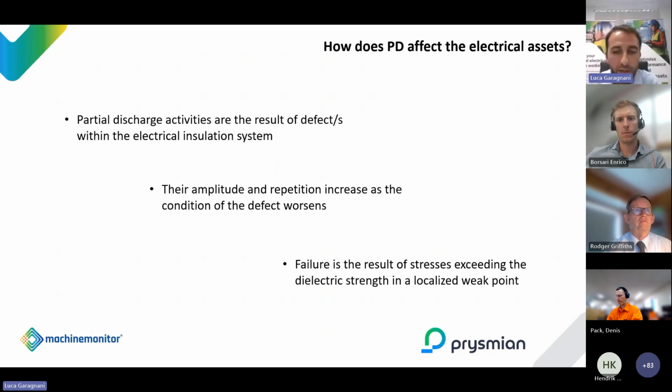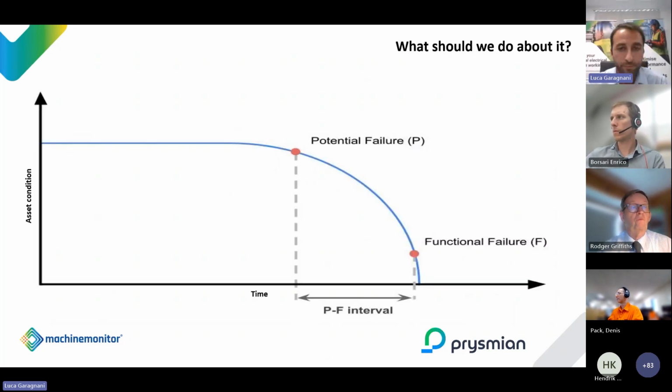So this is very important because most of the time we have been asked, okay, this is the discharge, how long is my asset going to last? Unfortunately, we don't know. It's unpredictable, and we don't know when you're going to have the combination of these effects.